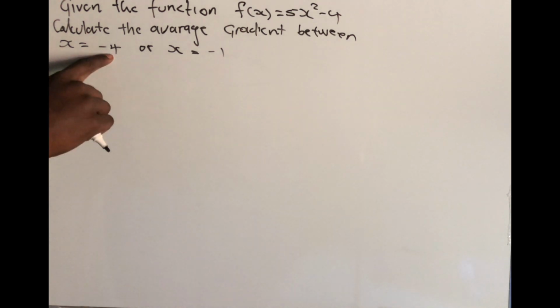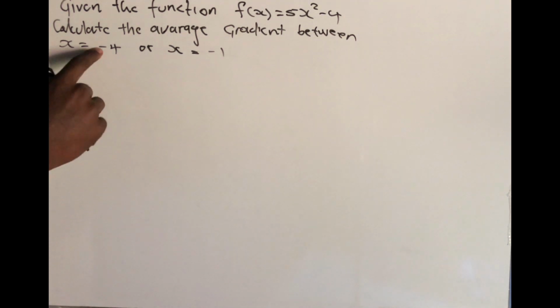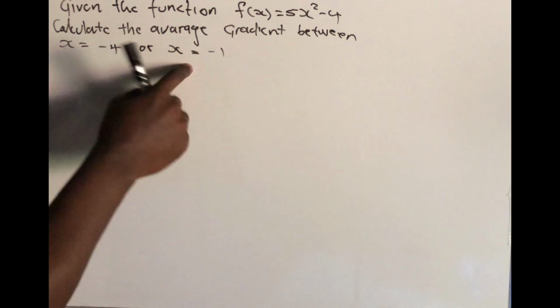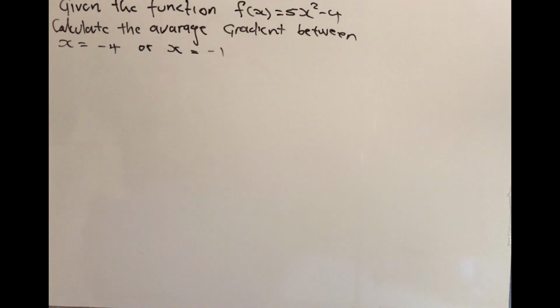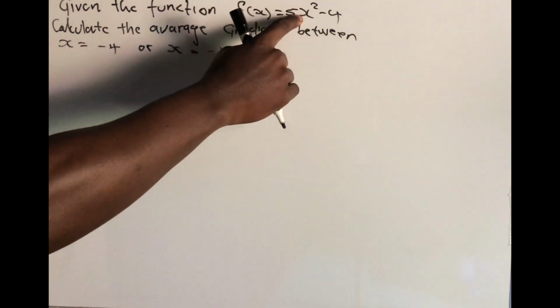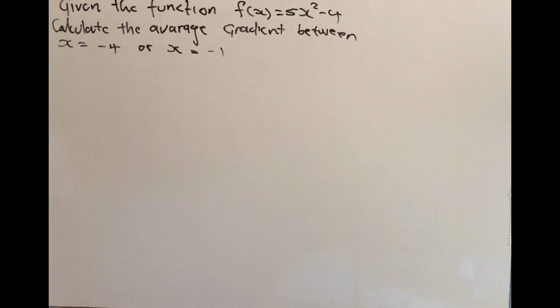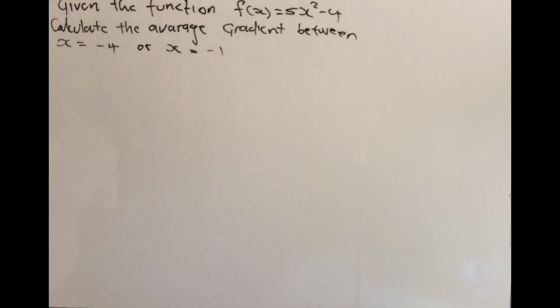So we are given the value of x, but we don't have the value of y. Remember, whenever we calculate a gradient, you have to have the value of x and the value of y. But now we have the value of x only. We don't have the values of y. But they gave us the function. So if we take this -4 and put it wherever there's x, we're going to get the value of y in correspondence of -4.